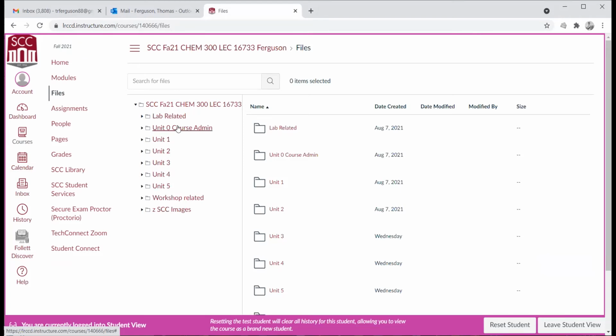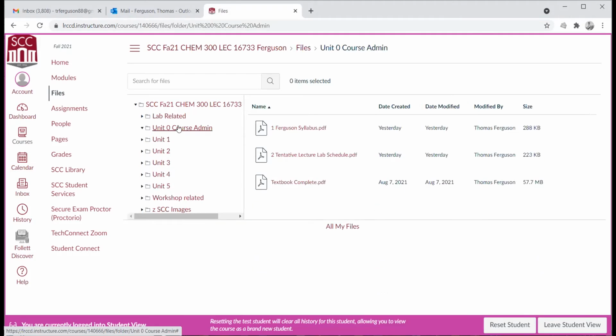Unit 0 is just course admin, things like syllabus, lecture lab schedule. This is your textbook I've downloaded for you. If you want to do it online, I have a link in the syllabus to show you that. But I downloaded it for you so you don't have to deal with it.